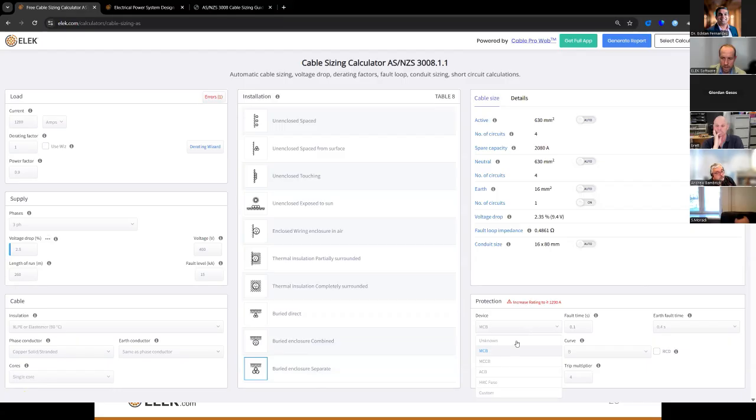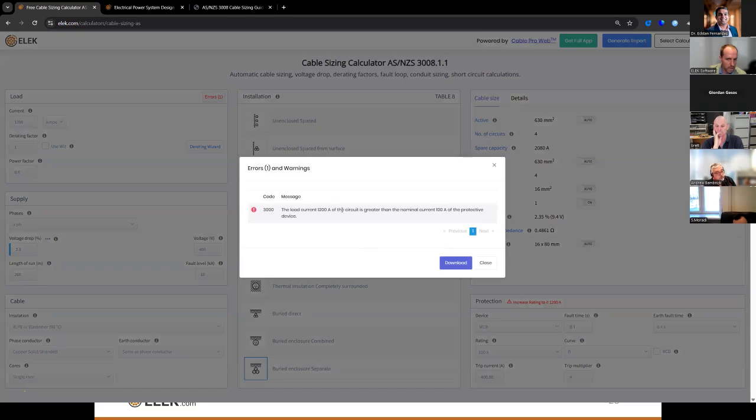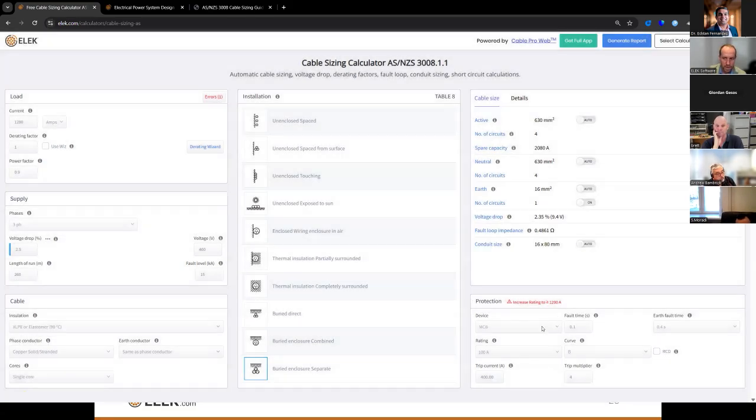I will ignore protection, but this calculator also has inbuilt errors, so it will tell you the protective device is not suitable, etc. It has inbuilt protection. I believe the IEC calculator and the next iteration of this calculator will have inbuilt manufacturer protective devices.